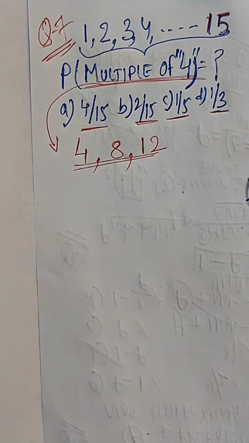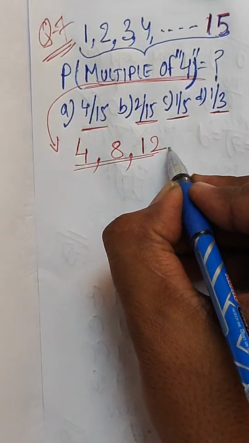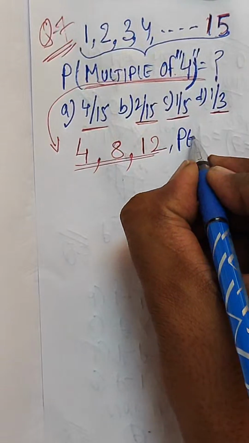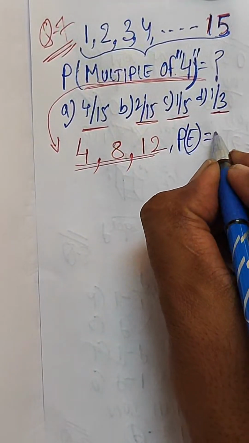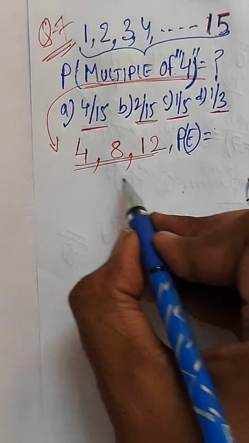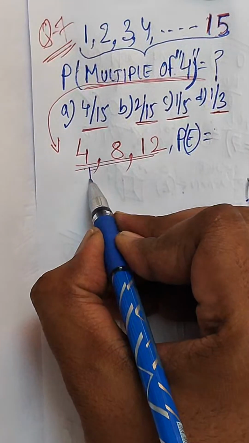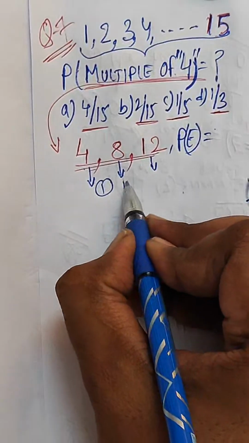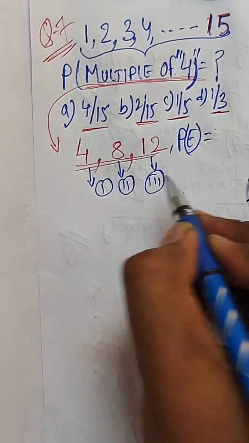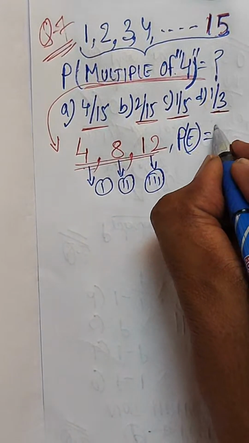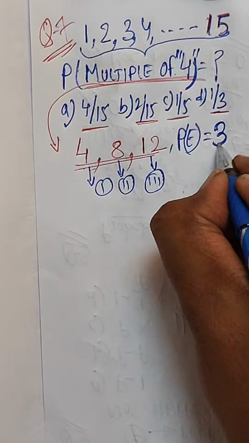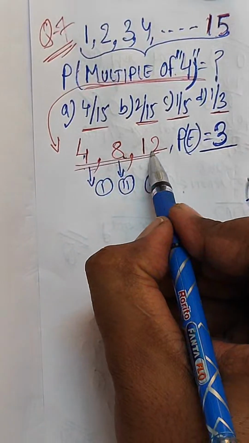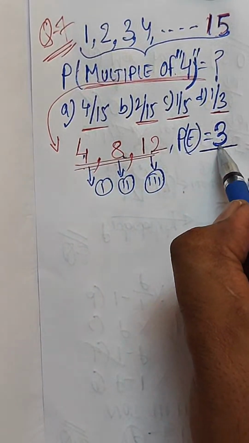As we said, the probability of a favorable event is the number of events by total. So the number of events over here is 1, 2, 3. So the desired outcome, multiples of 4, will be 3 only: 4, 8, 12. 3 divided by total.